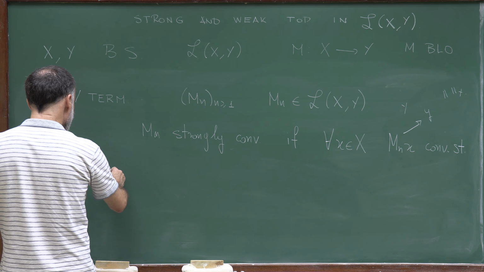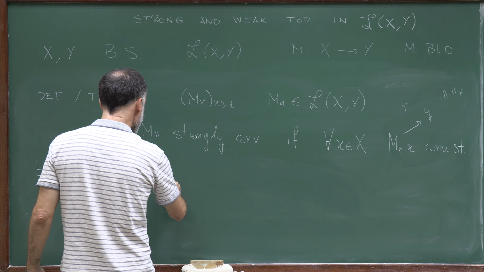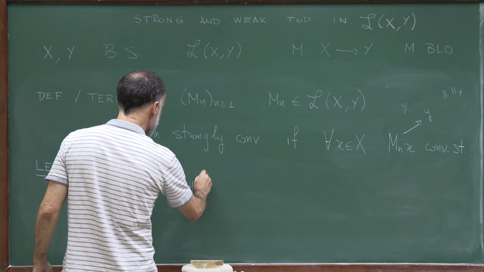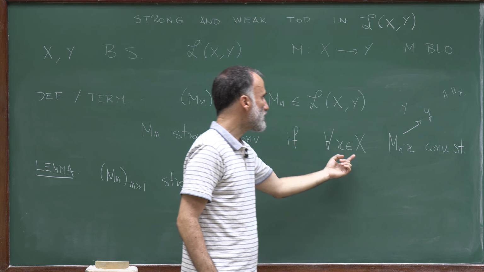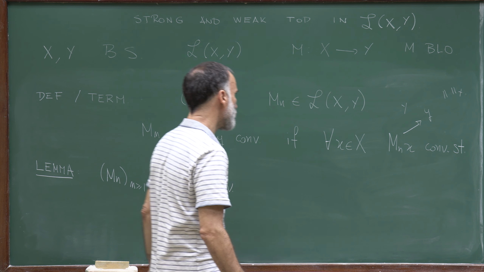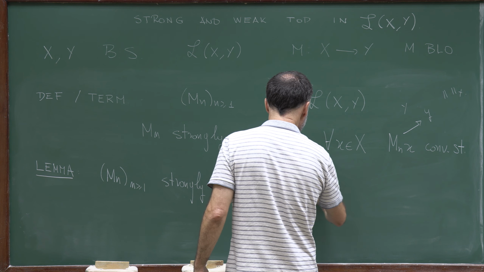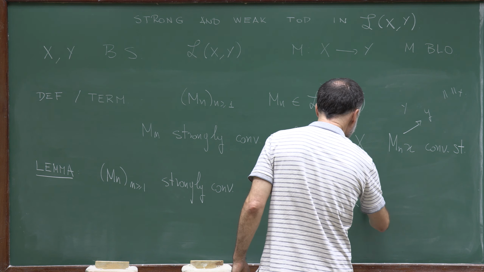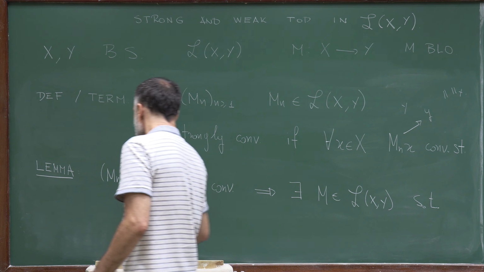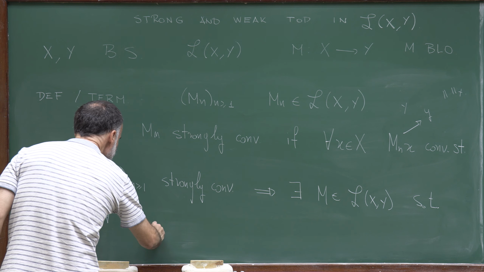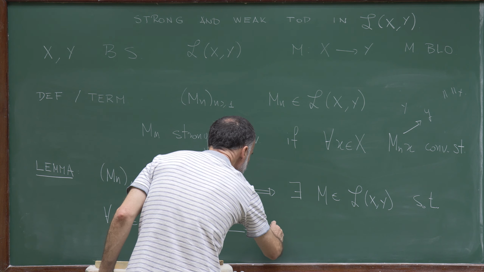So let's assume that the sequence Mn strongly converges, which means that for all x in X, the sequence Mnx converges to a point in Y. Then there exists a bounded linear operator M from X to Y such that for all x in X, Mnx converges to Mx.